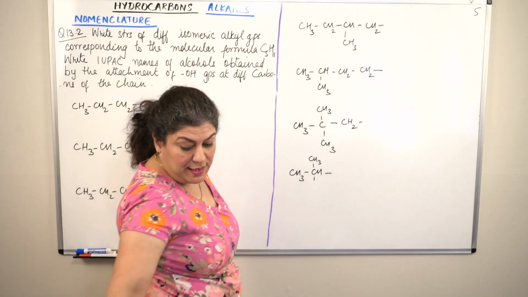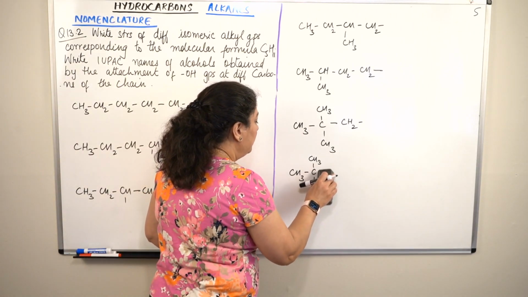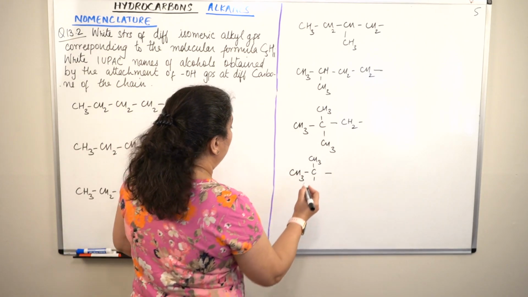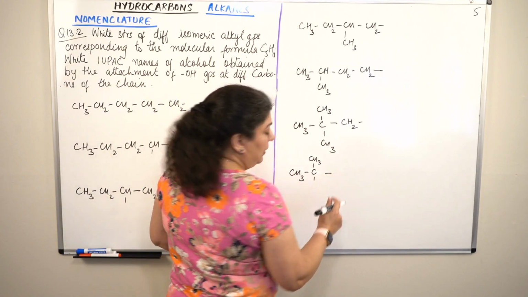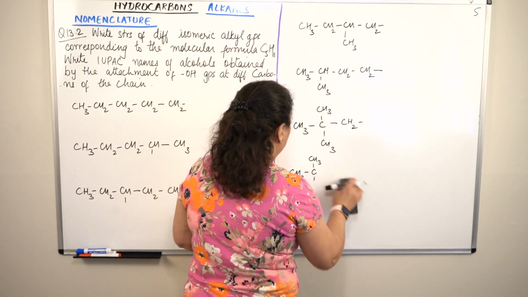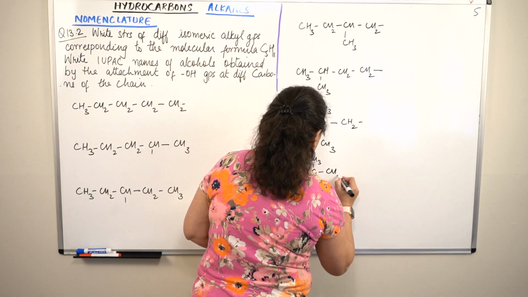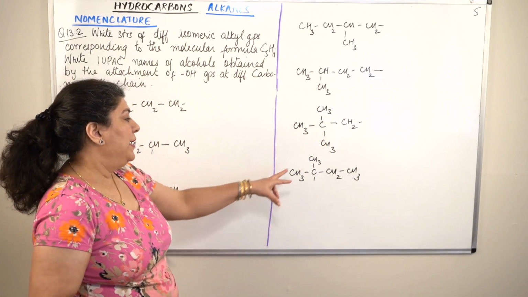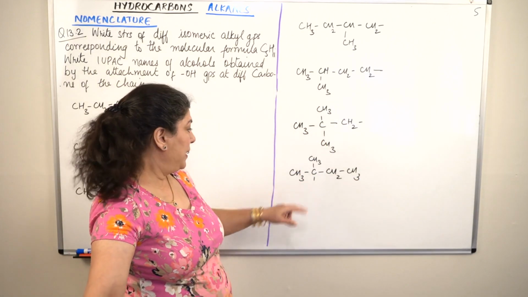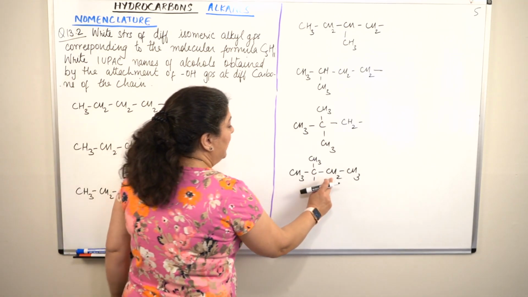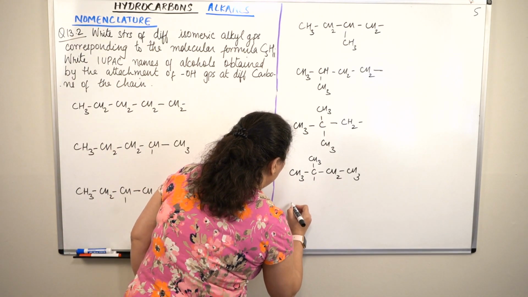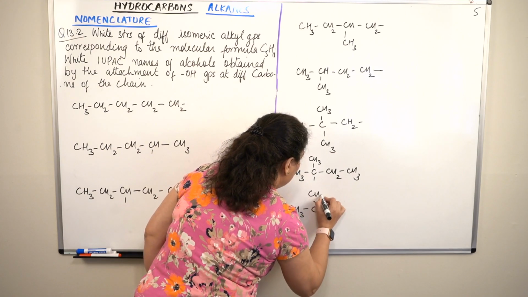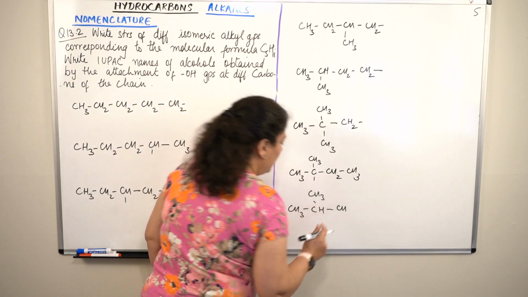So this would not be CH, it will become C, since you have to remove 1 hydrogen for every bond that you make. The next one becomes CH2, and this becomes CH3. So now we have the OH also here at this carbon. And in the next we can have the OH here. So CH3, CH, CH3, this also becomes CH.